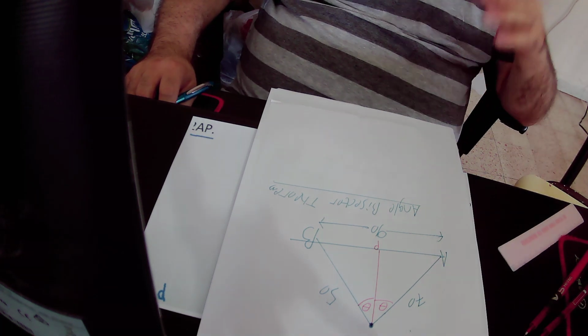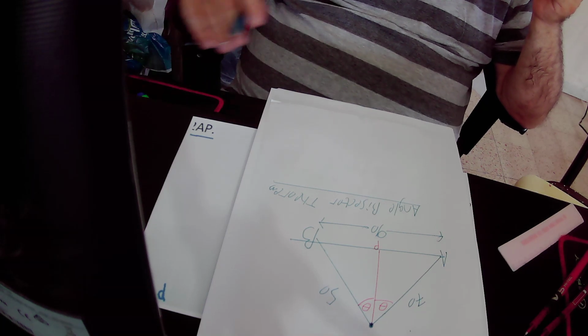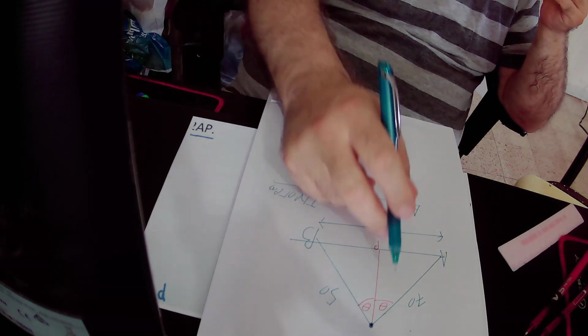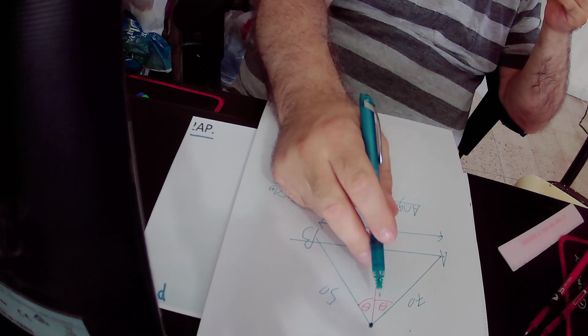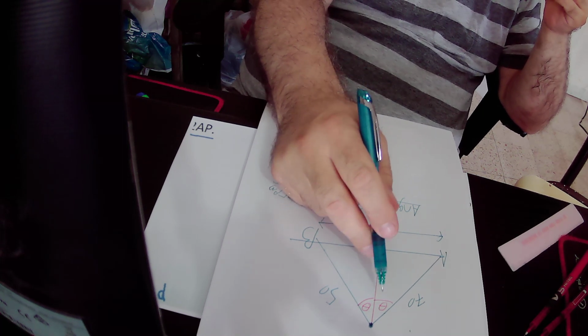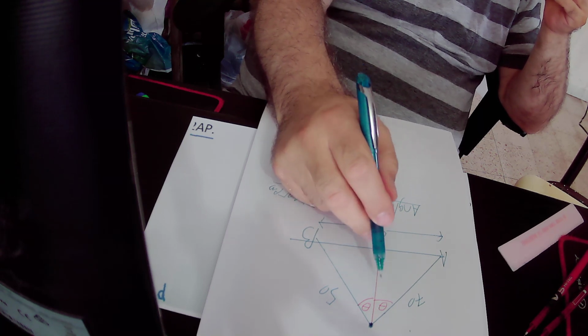Why? Because it divides angle ACB into two equal parts. For that reason, CP, the line in the red color, is called an angle bisector.